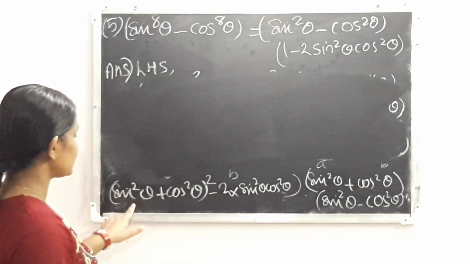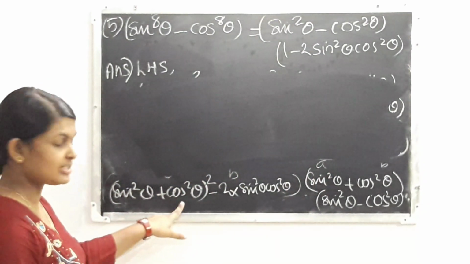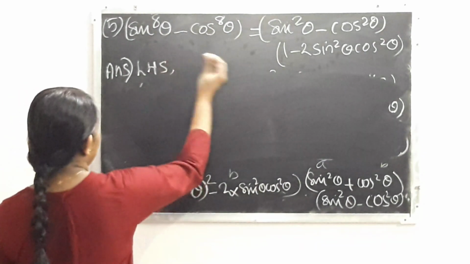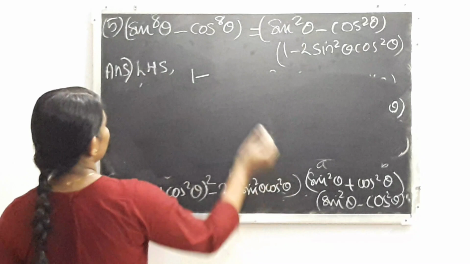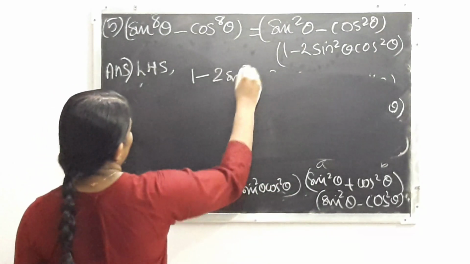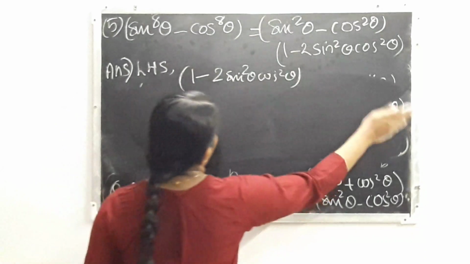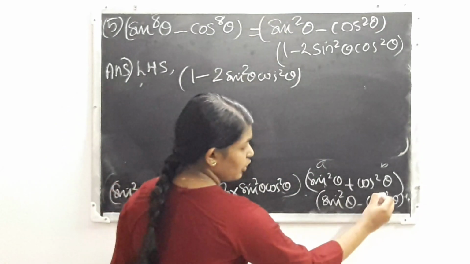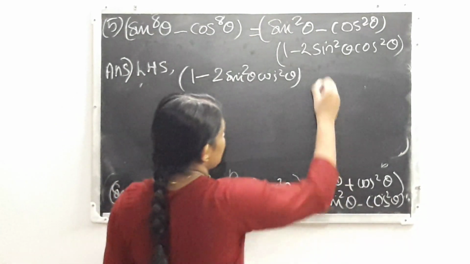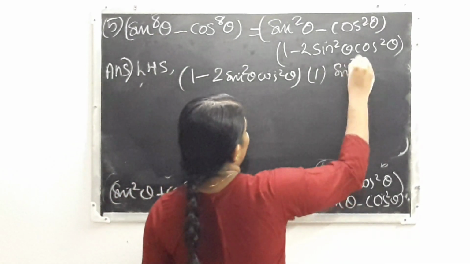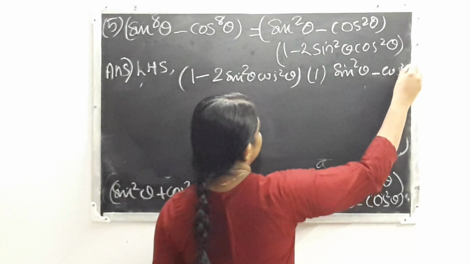So this sin square theta plus cos square theta will be equal to 1. So 1 square will be equal to 1 itself. So it will be equal to 1 minus 2 sin square theta cos square theta into sin square theta plus cos square theta, which again equals 1. So 1 into sin square theta minus cos square theta.